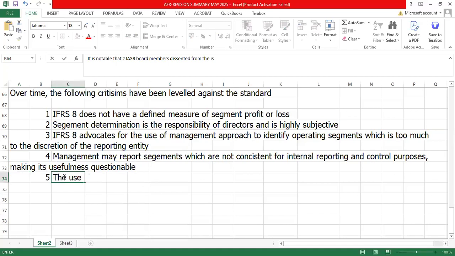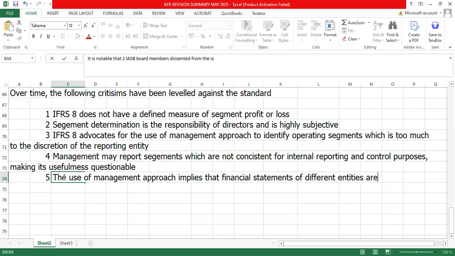Okay, we have talked about the management approach. The use of the management approach implies that financial statements of different entities are not comparable.